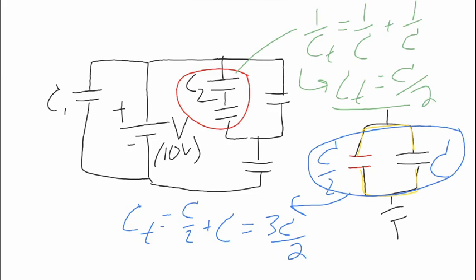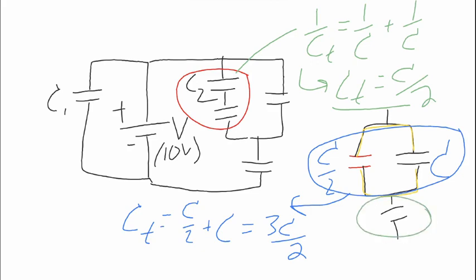So now, just like we did before, we can replace these two capacitors that I have circled in blue with a single resultant capacitor with capacitance of 3C over 2. And then we could redraw the diagram again and say that single capacitor is now connected in series to this one down here, circled in green. How do I know it's in series?